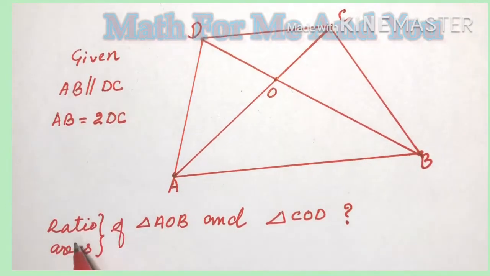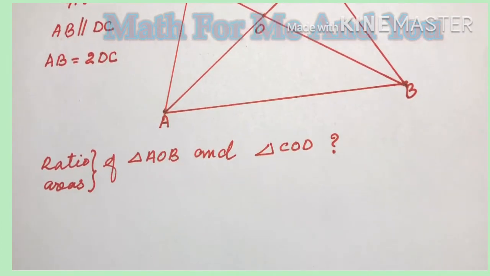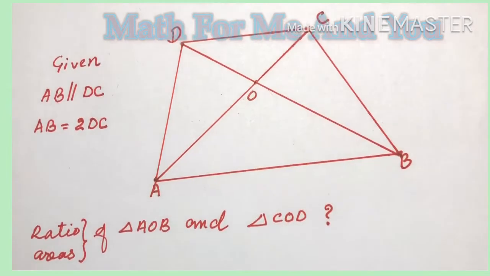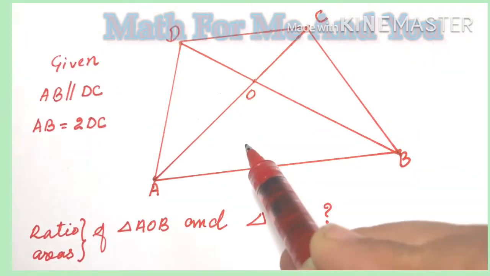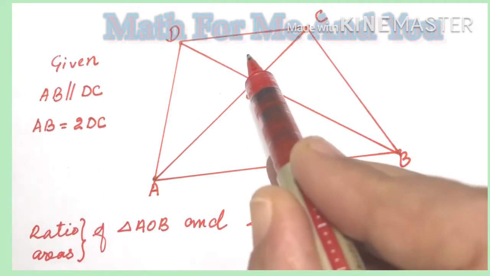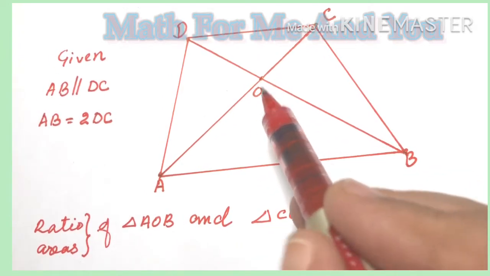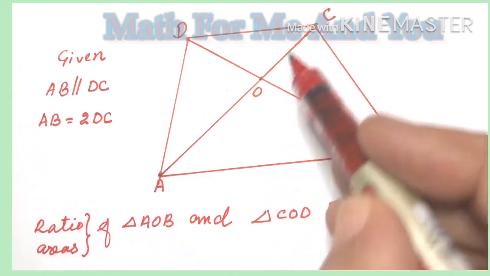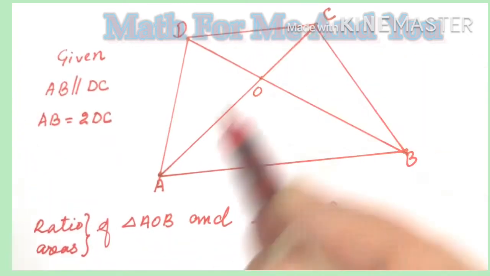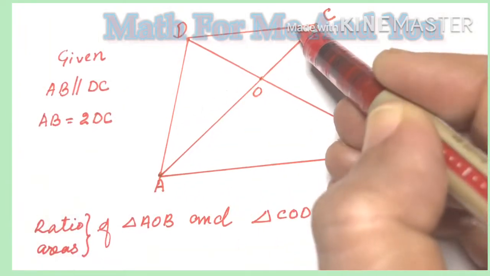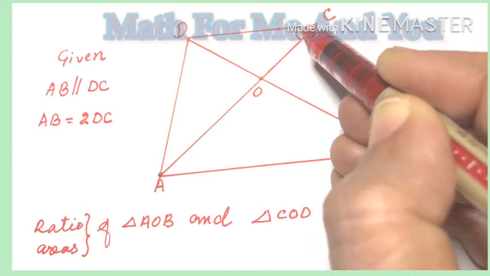We need to find the ratio of areas of triangle AOB and triangle COD. It's very easy. First we will prove the similarity of these two triangles. If they are similar, we can apply the theorem of areas of similar triangles. So now we are taking the triangles COD and AOB.